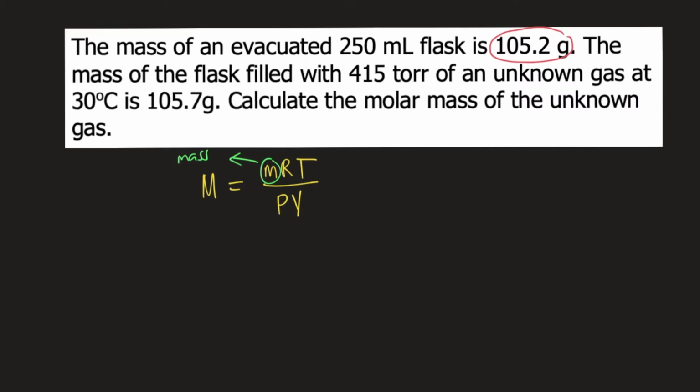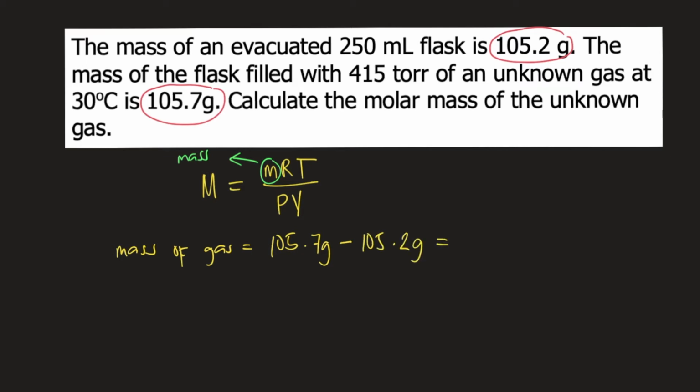So in order to compute the mass of the gas, that is just the mass of the flask with the gas, which is 105.7 grams, minus the mass of the flask without the gas, or 105.2 grams.